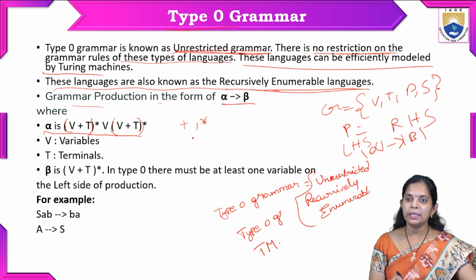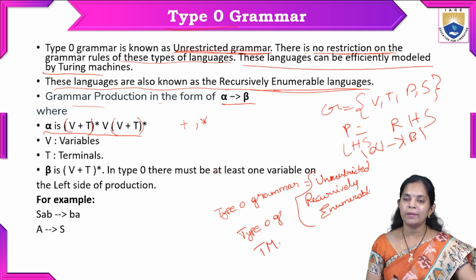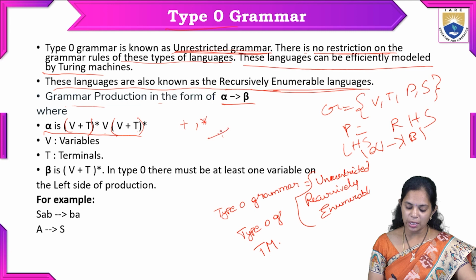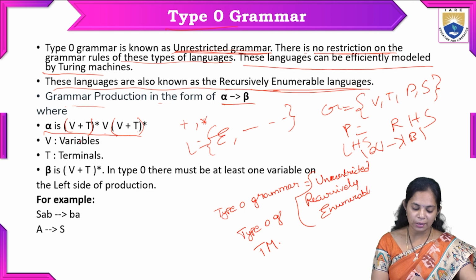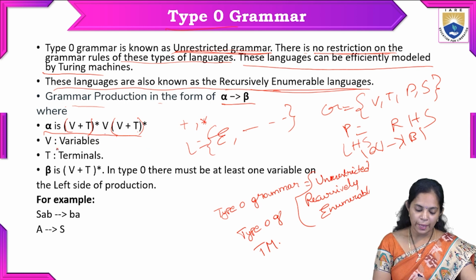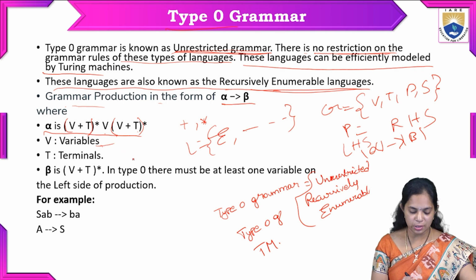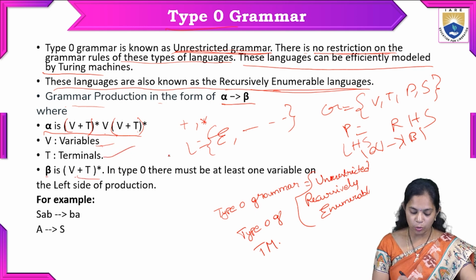The star indicates it also includes the empty string, which is nothing but the epsilon symbol in the language. Alpha is a combination of V plus T whole star, where V is variables and T is terminals.